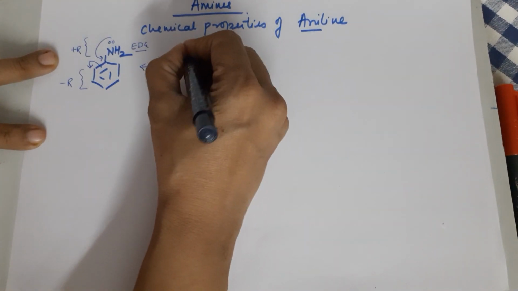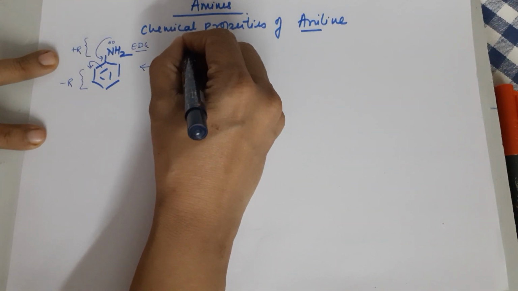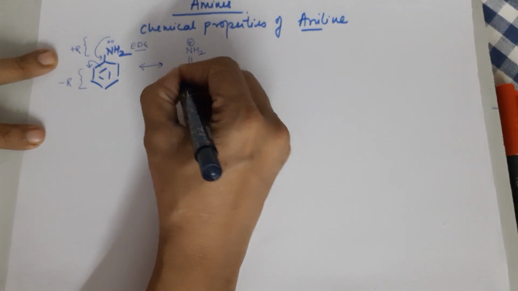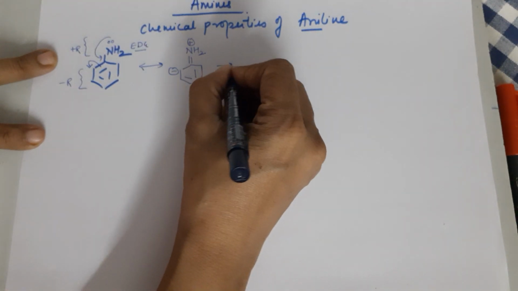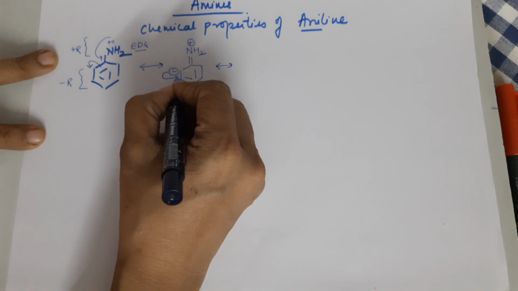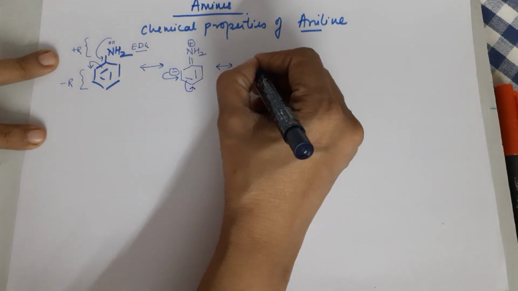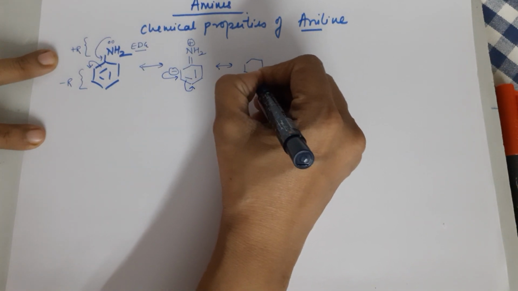Drawing the resonating structures, you have NH2 now with a positive after the donation of lone pairs, and a negative here leads to this. This lone pair is used for bond formation and this bond breaks. You end up with a structure like this.